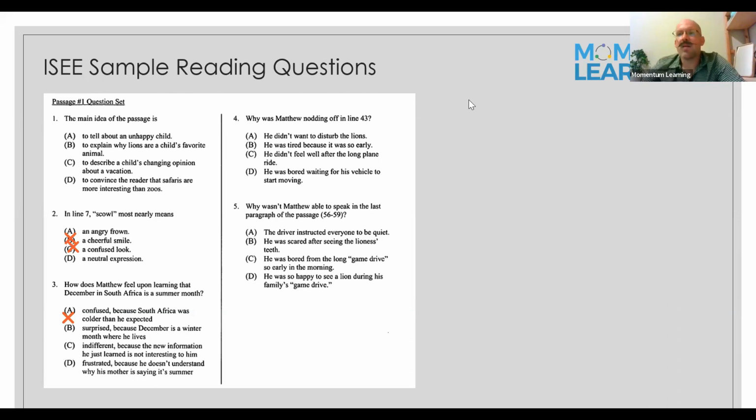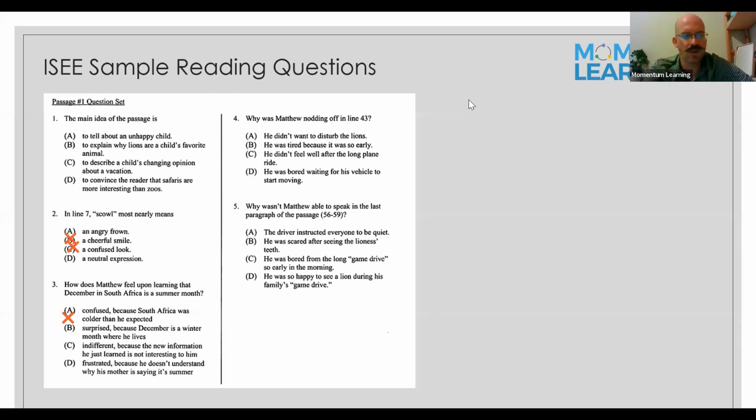But here's the problem. A lot of students will just, as they're going down, see the right answer, click the right answer, and won't read the rest of them. You need to check all the answers and get rid of those wrong answers before you lock in an answer.